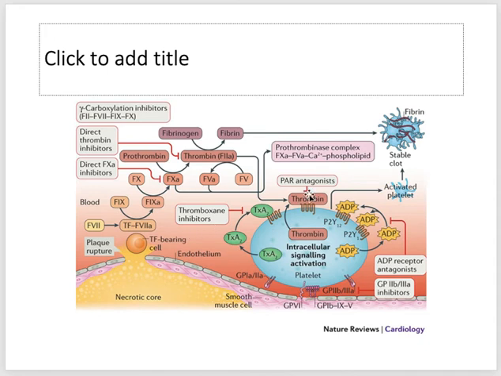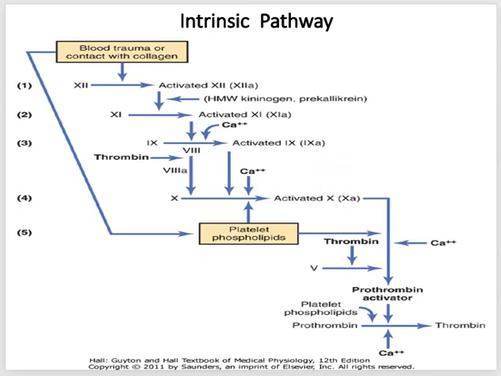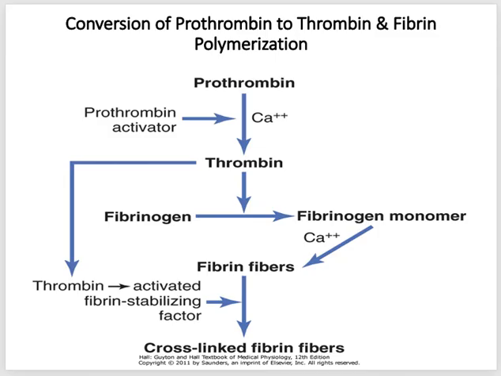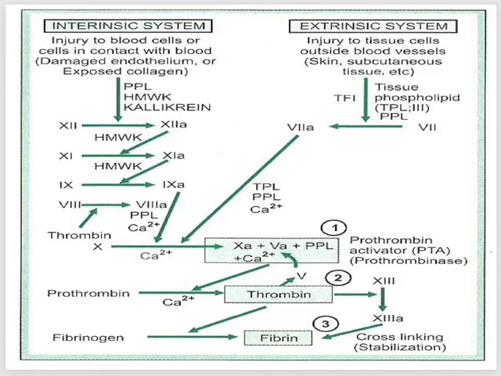Okay, this is the same thing. This is primary hemostasis, this is secondary hemostasis. I will show you now, guys. This is the intrinsic pathway, and this is both intrinsic and extrinsic.